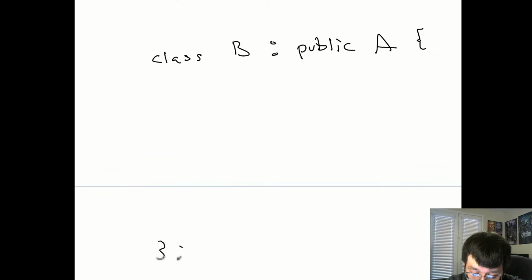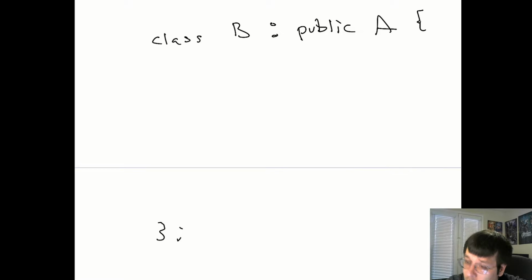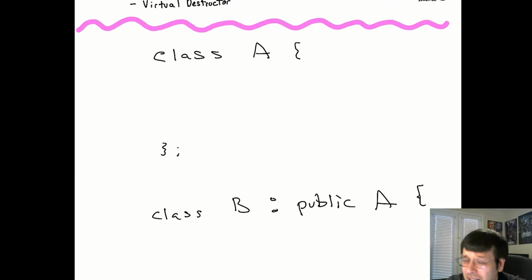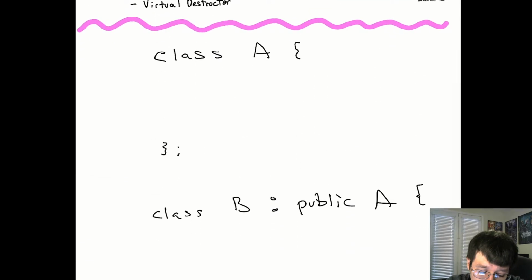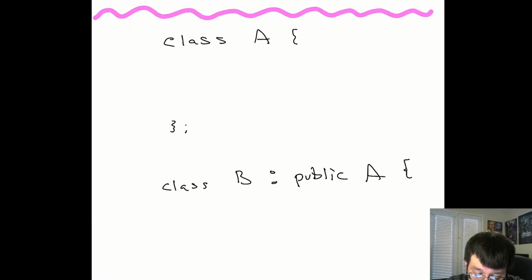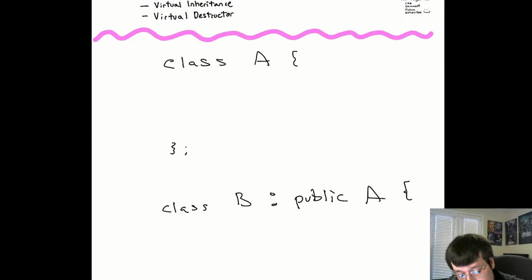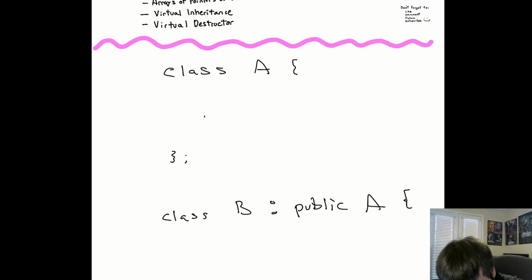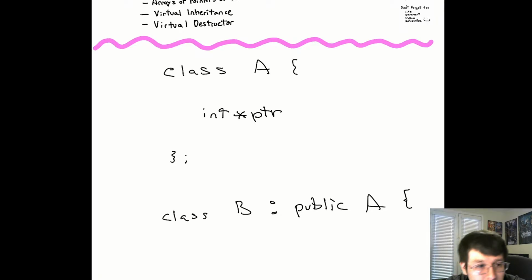So, class B inherits from class A. Of course, these are not exciting right now. But we're going to make a pointer in here. I'm just calling it PTR because that's what I currently have from the last example, so I'm literally just copying that.